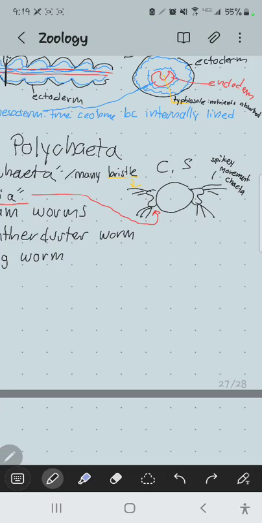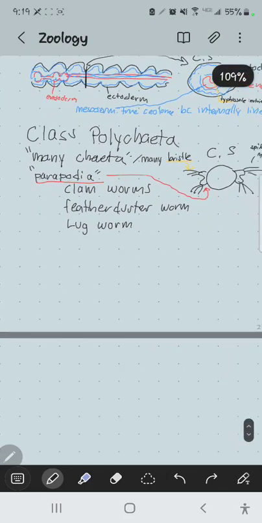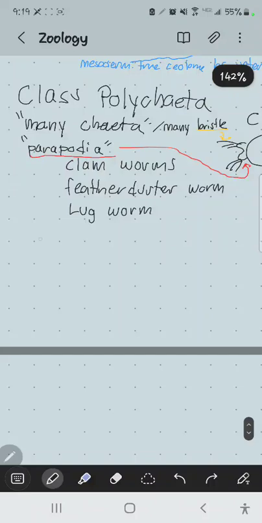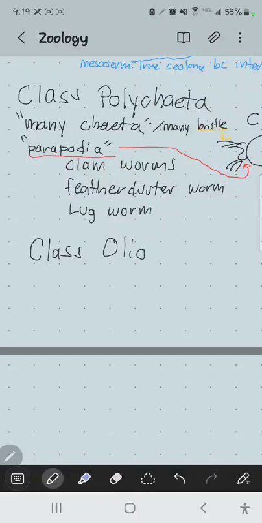The oligochaetes, these are the earthworms and tubifex worms, like what you feed your fish.